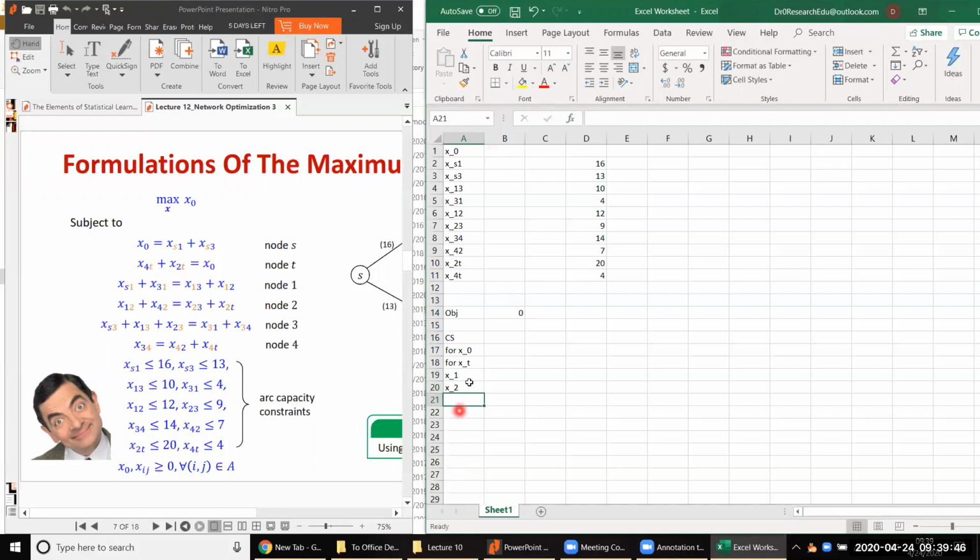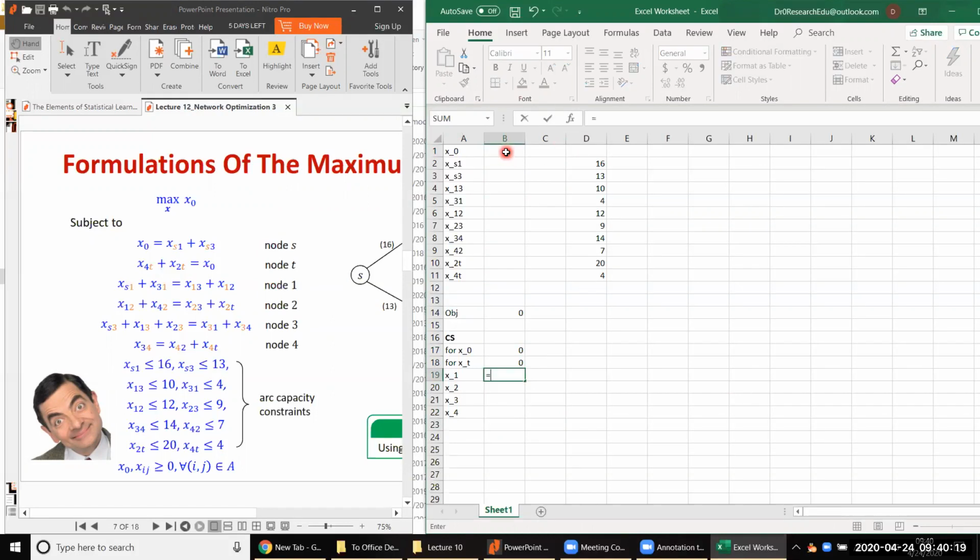Let me see whether Excel is smart enough. Great. So the constraint for x0 is x0 minus xs1 minus xs3 equal to 0. For xt, I should have x4t plus x2t minus x0 equal to 0.